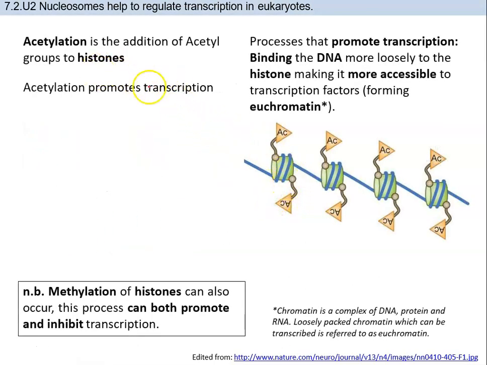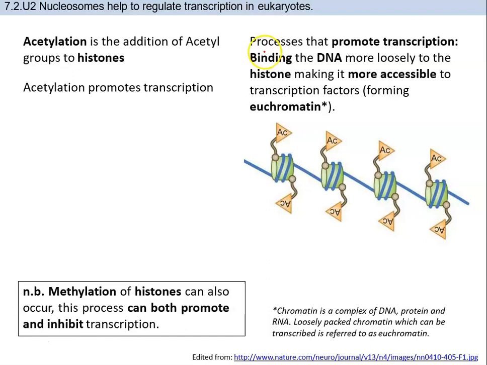But in acetylation, where the acetyl group is added to the histone proteins, acetylation promotes transcription. So one inhibits the transcription and the other one promotes it. Because acetylation makes it more accessible. It makes the DNA with the histone a little loose and then provides more accessible regions for transcription.